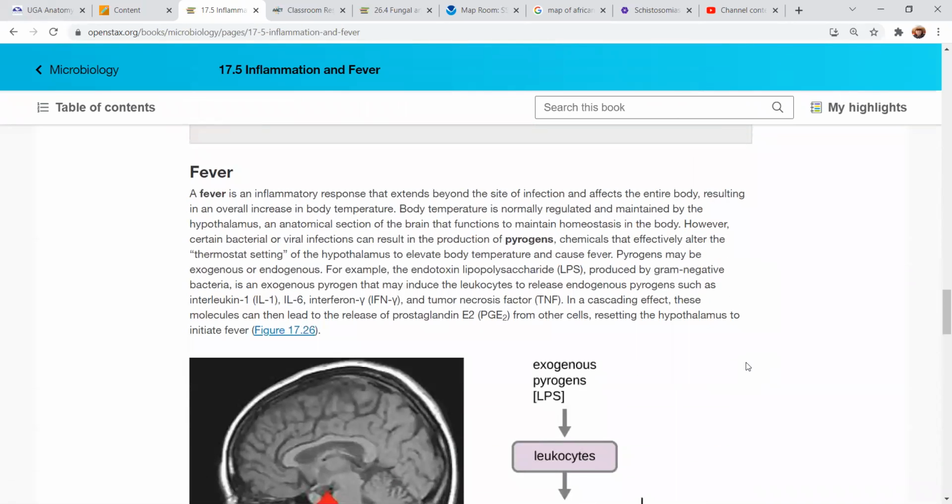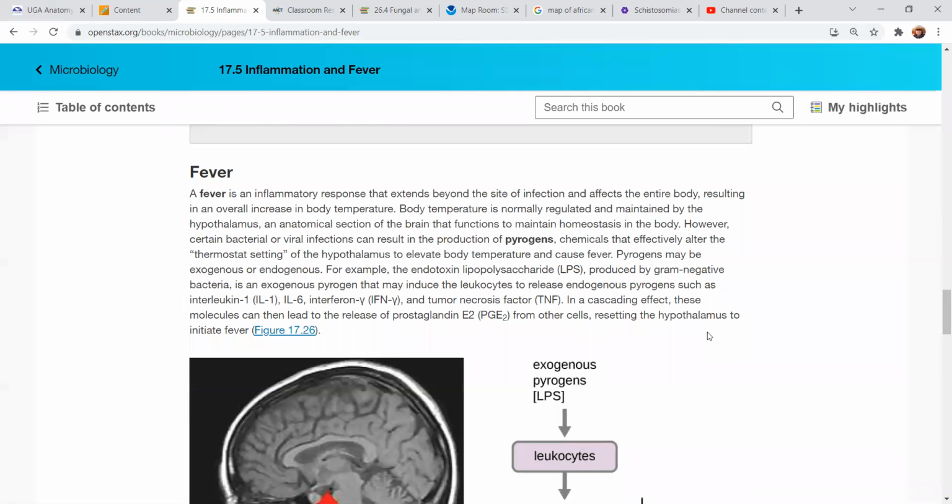Fever, part of the inflammatory response, of course, affects the entire body. It leads to an overall increase in body temperature. The hypothalamus is the part of the brain that regulates body temperature. But when we have certain bacterial or viral infections, this results in what we call the production of pyrogens.